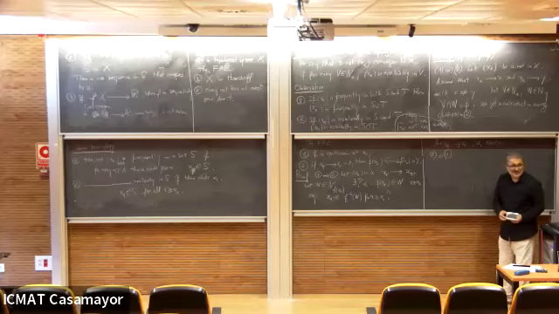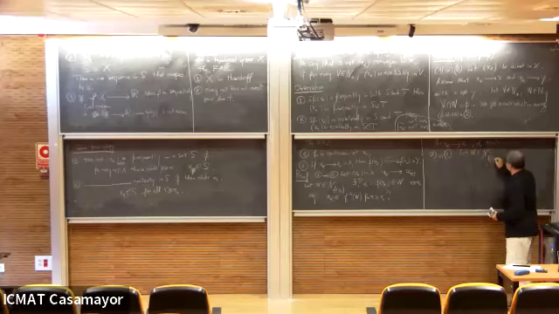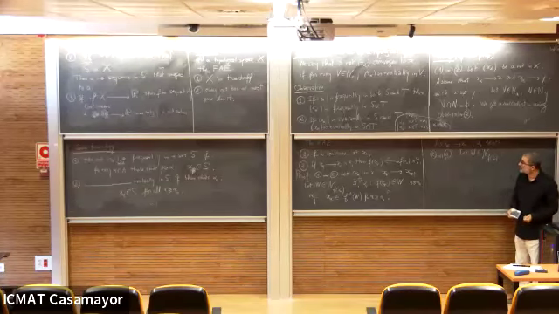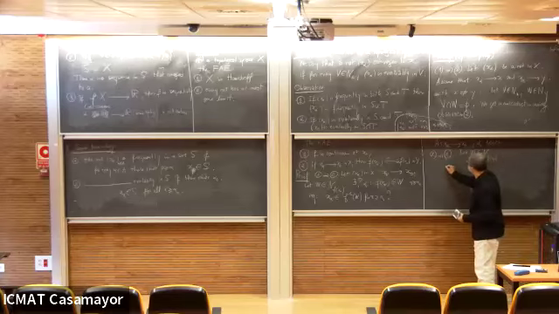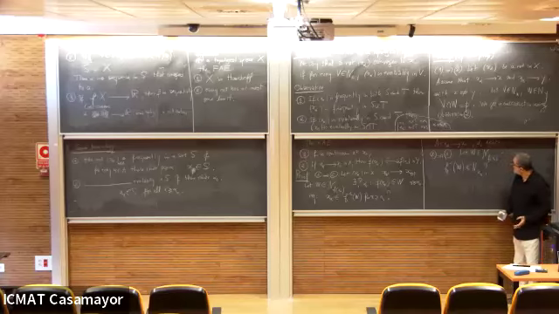F is continuous at x0 means that if we take a neighborhood W of F of x0, I want to show that F minus 1 of W is a neighborhood of x0. This is what I need to show.